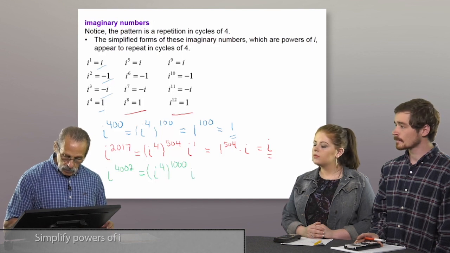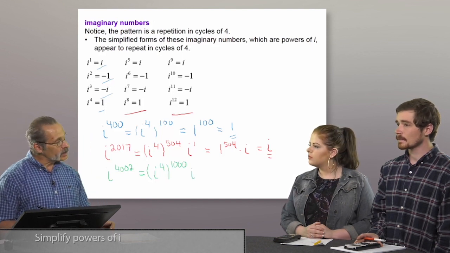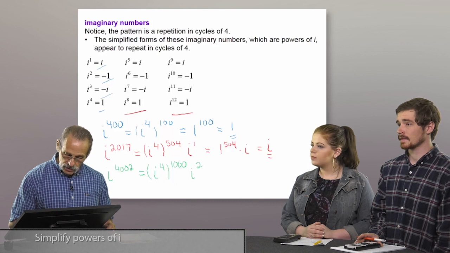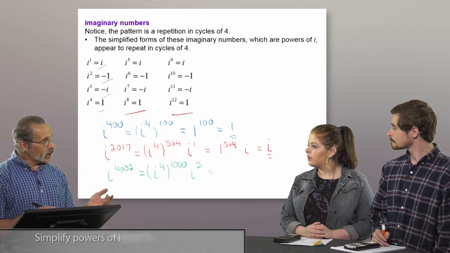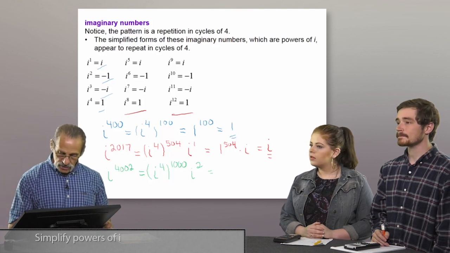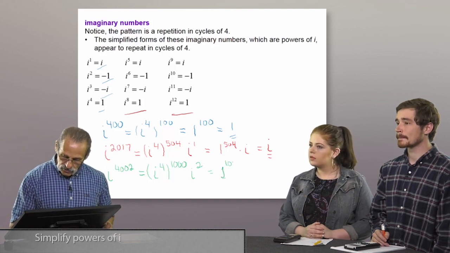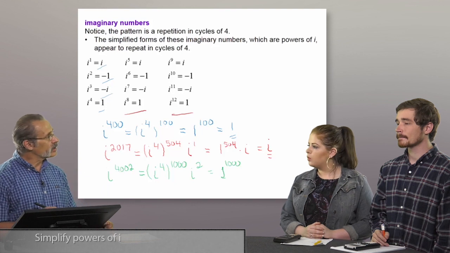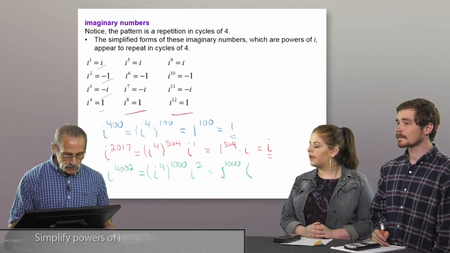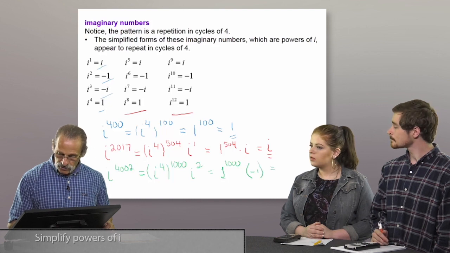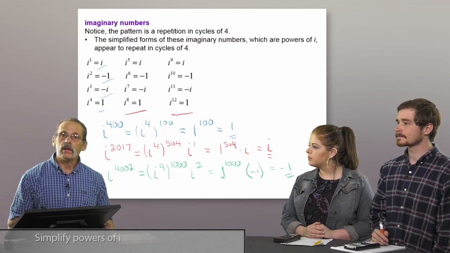And then you said 0.5, so the remainder would be 2. Very good. And i to the 4th is 1. So I have 1 to the 1000th, which seems kind of silly to write because 1 to the 1000th is 1. And then times i squared, but i squared is negative 1. So here my answer is negative 1.